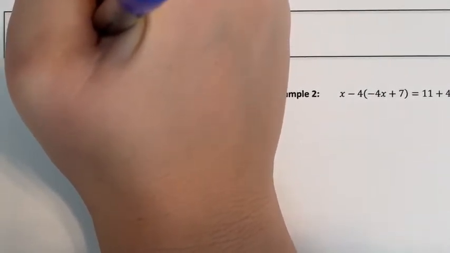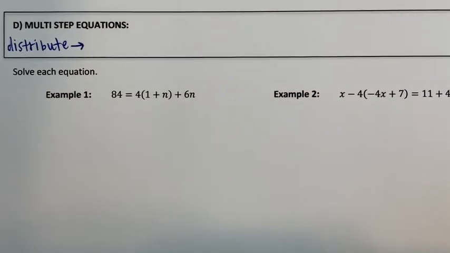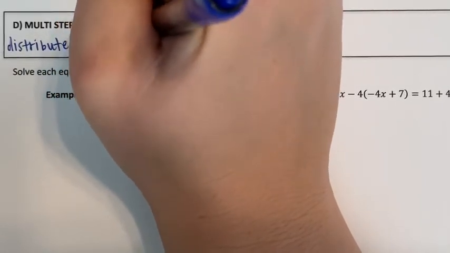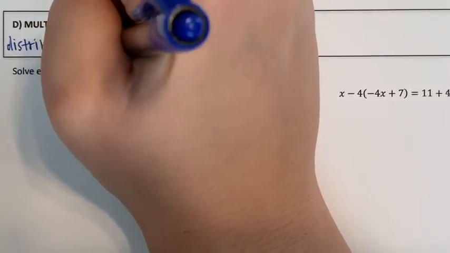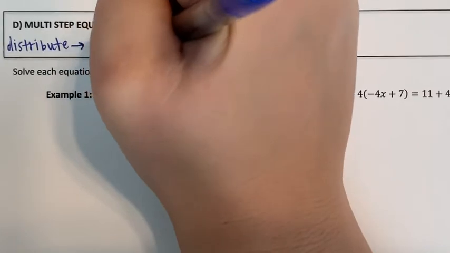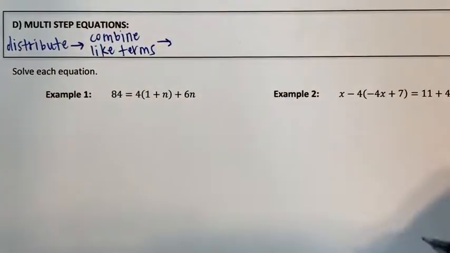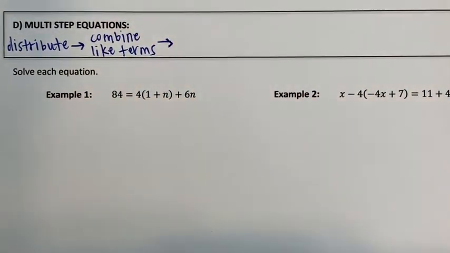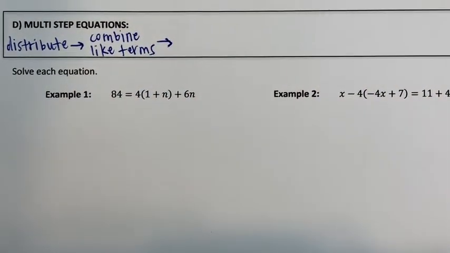So first step, distribute. Once we distribute, our second step is going to be to combine like terms. So combine your constants, combine your variables. And again, we're doing that on the same side, whatever you can combine on the same side. Then you will have to start moving stuff.